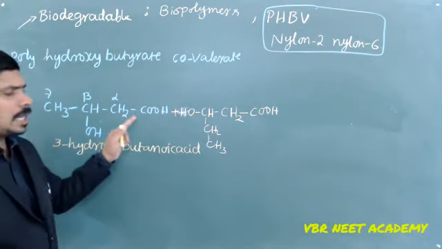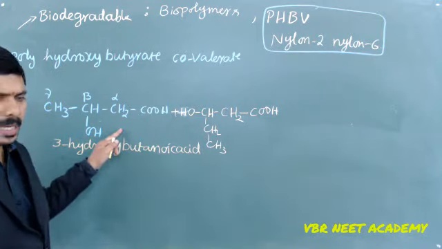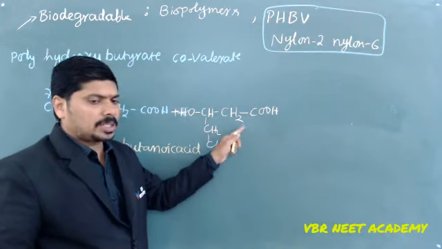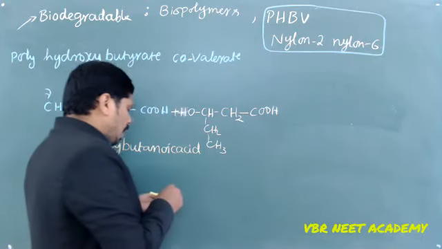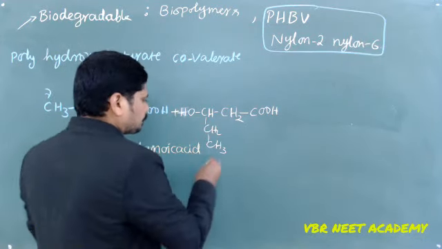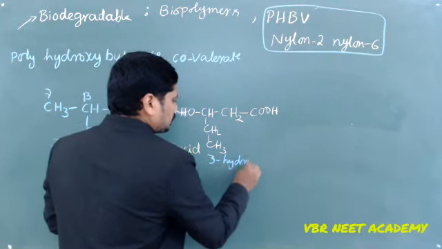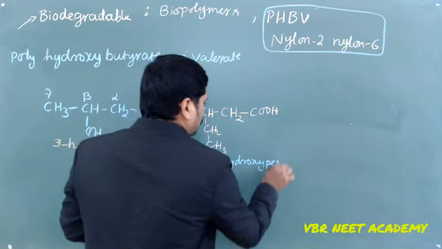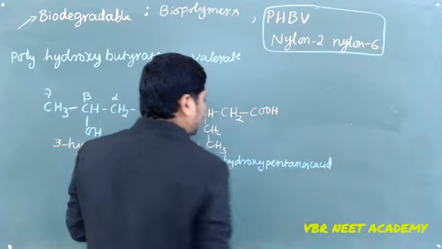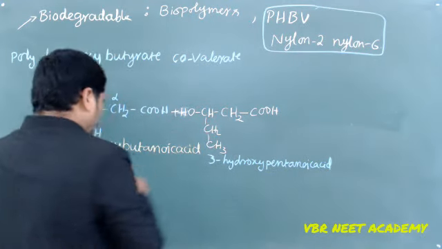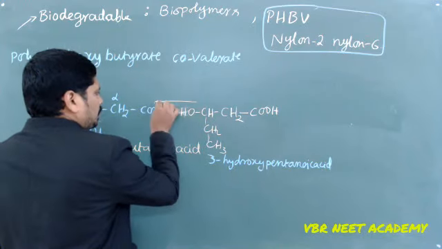A 4 carbon carboxylic acid's general name is butyric acid. That's why it is beta hydroxybutyric acid. This one is going to be beta hydroxy valeric acid. The IUPAC name I can write is 3-hydroxy pentanoic acid.